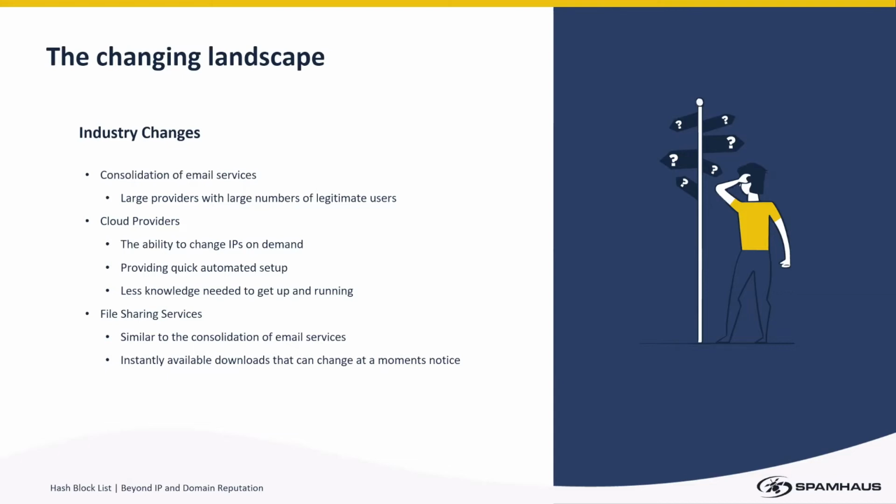These downloads are immediately available, and you can jump and jump and jump as you need to. So it's one of these three things that we're really seeing make it more difficult, so that just having IP and domain reputation is a thing that you need to supplement.